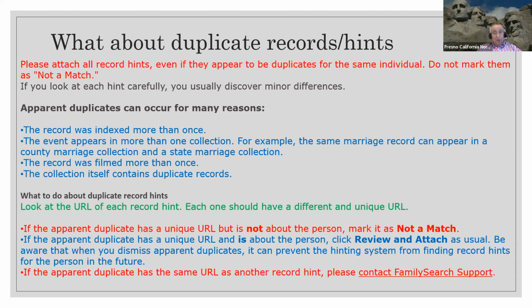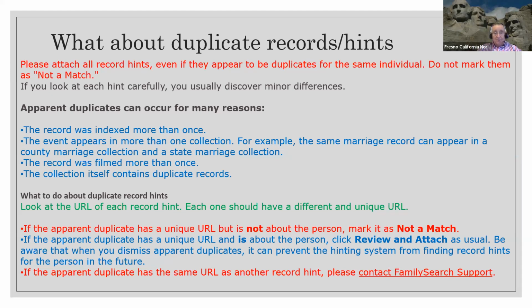If it really belongs to somebody else, do mark that not a match. If that apparent duplicate has a unique URL and is about the person, then click review and attach it. It's okay to have more than one record for the same event.